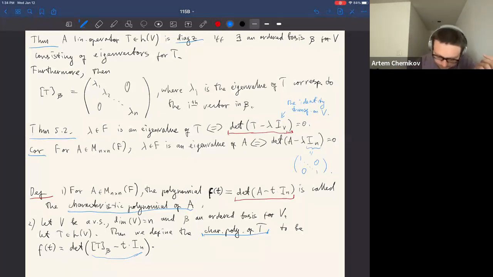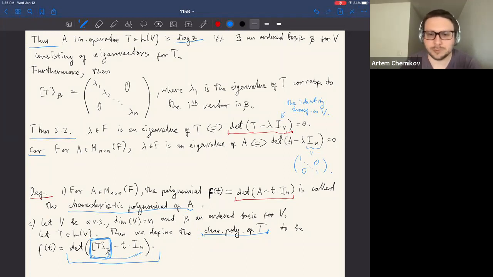The matrix itself might depend on beta, a very important difference, but the determinant of this matrix doesn't. So this whole determinant also doesn't depend on beta.